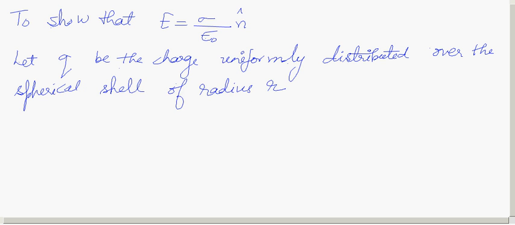So consider a spherical shell of radius r, and we have assumed q is the charge. Q charge is uniformly distributed over the surface.